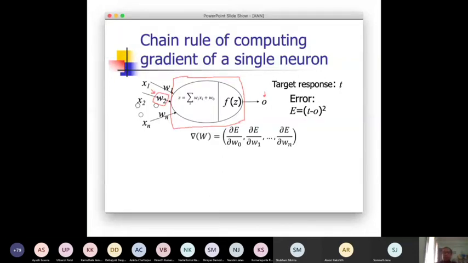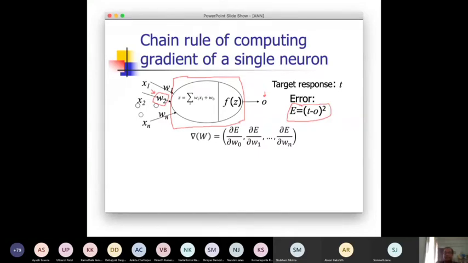So you would like to apply that. This is the thing we would like to compute: the gradient with respect to W, meaning partial derivatives of the function. As you can see, in our case, we have taken the error function.